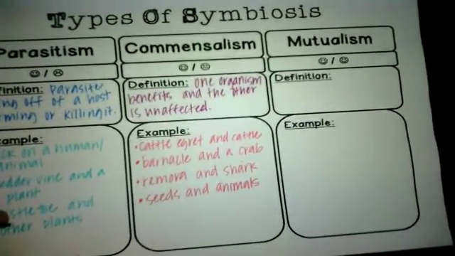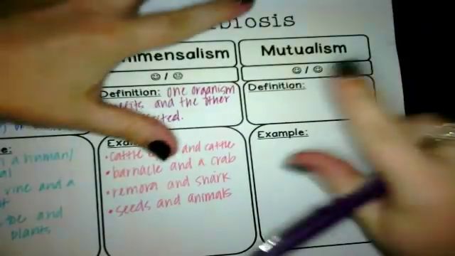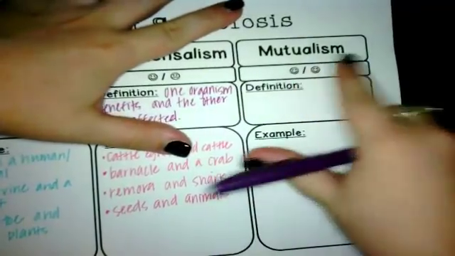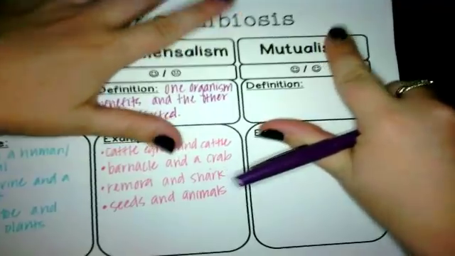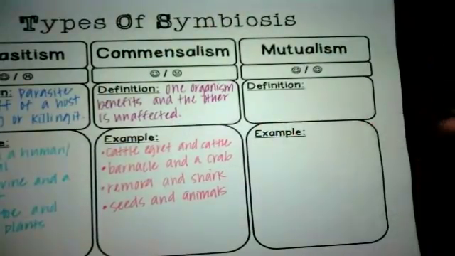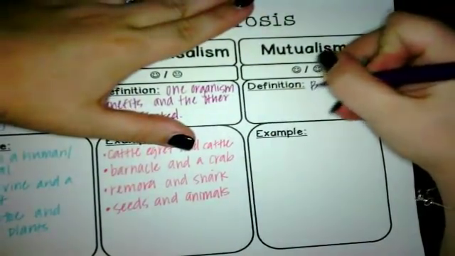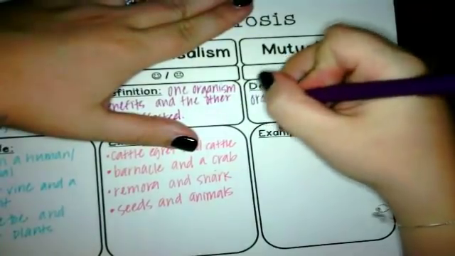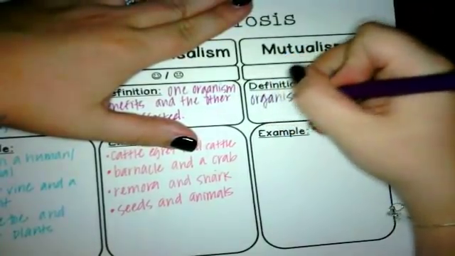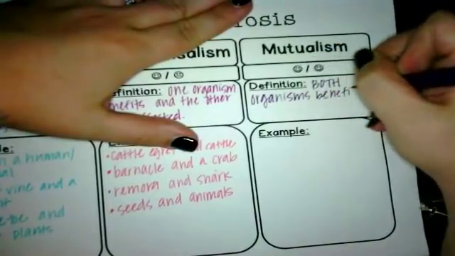All right, last but not least, we're almost done. All right, mutualism. Okay, so this word should be familiar anyway. If you look at just the beginning, it's mutual, which is probably something that you've heard before. So our definition of mutualism is when both organisms benefit.